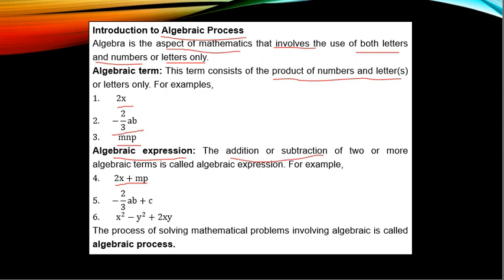By the time they are added, the result is an algebraic expression. Example 5, minus 2 over 3ab plus c is another algebraic expression. Example 6, s squared minus y squared plus 2sy is also another algebraic expression.